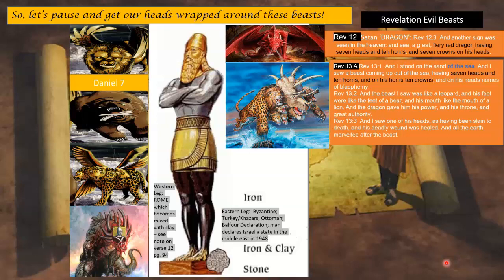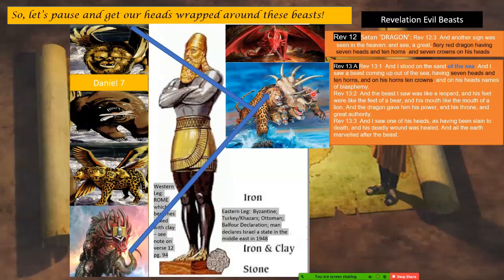So here in Revelation 13a, we see the same picture as Daniel chapter 7. But in this picture, we see them all interconnected together. And we see 7 heads, and we can count them right here.